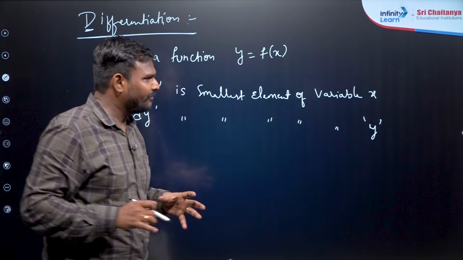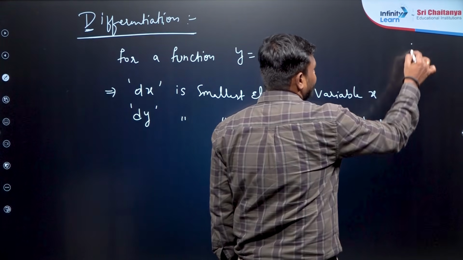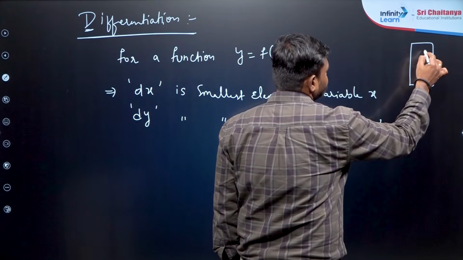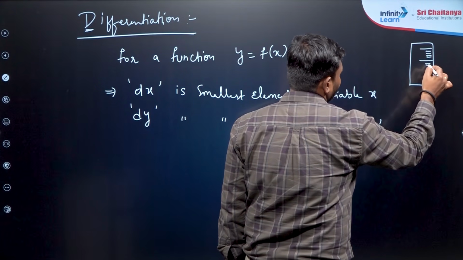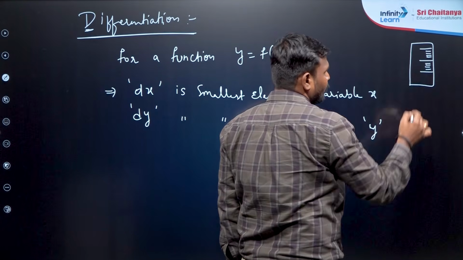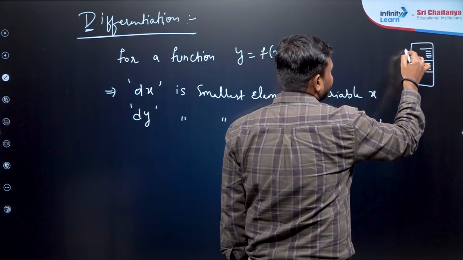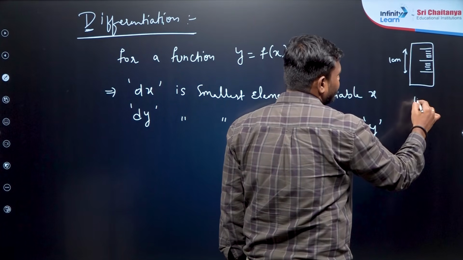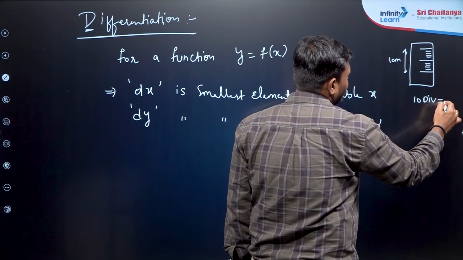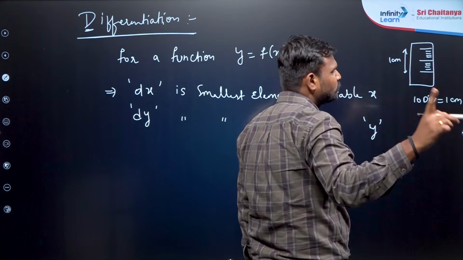For example, I am having a scale. So this is a 1 centimeter scale. 1 centimeter is divided into 10 divisions. 10 divisions is 1 centimeter. What is the smallest division?